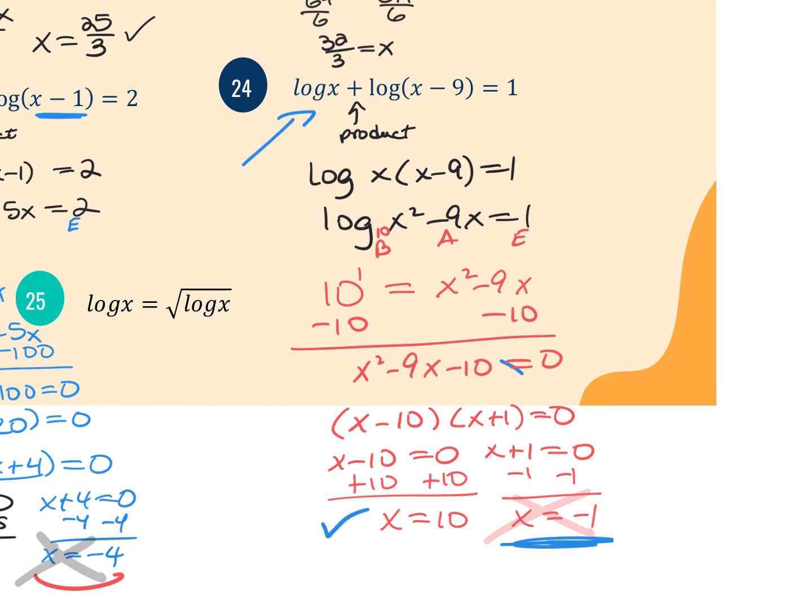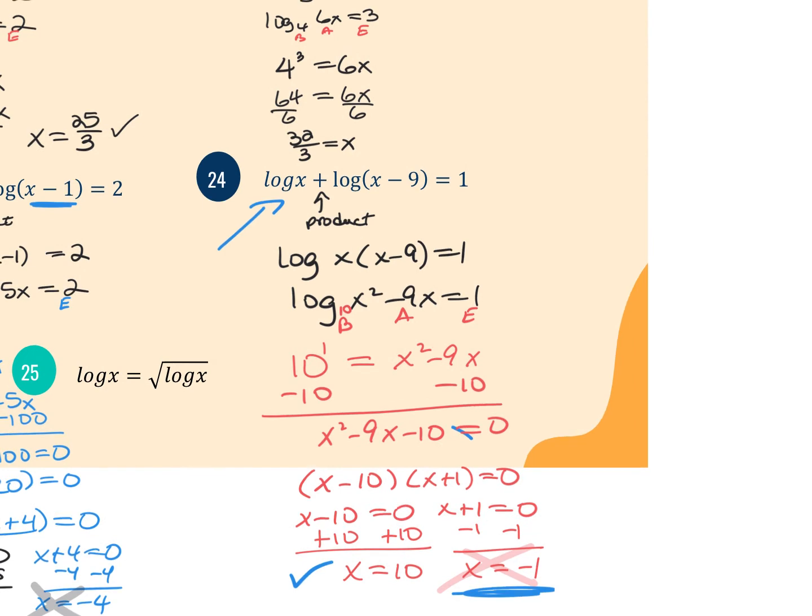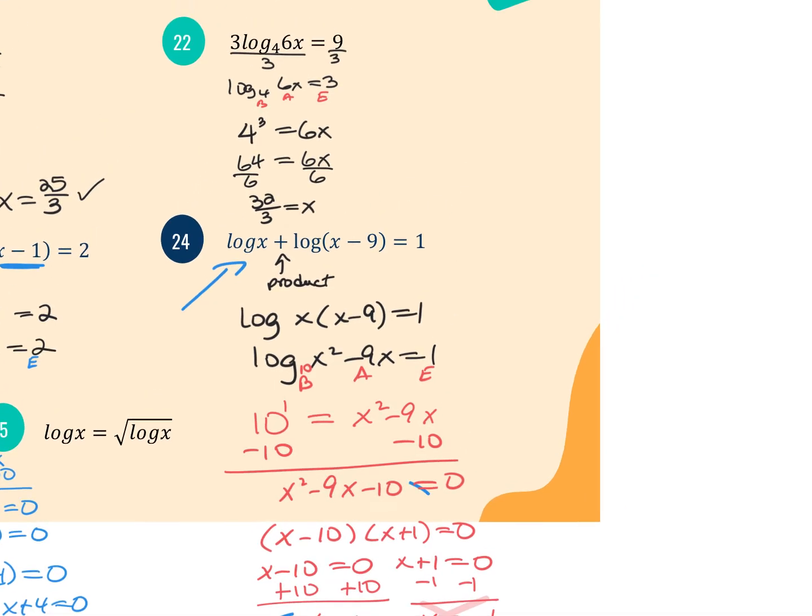Now, the other way we could have done this, we still have to factor it, but one thing you should memorize is that the log of 10 equals 1. Because if you think about it, there's a little 10 here, and if you do your BAE trick, 10 to the first is 10.